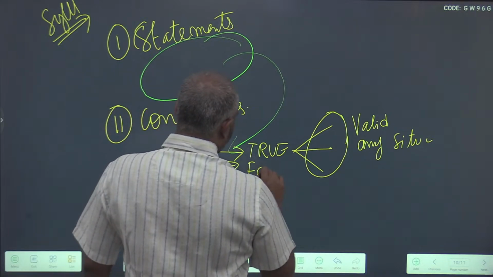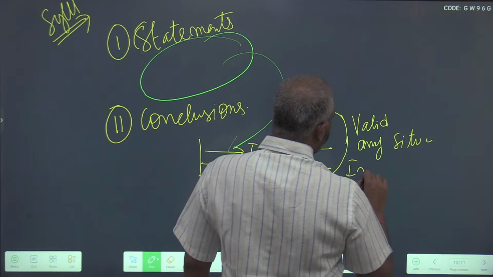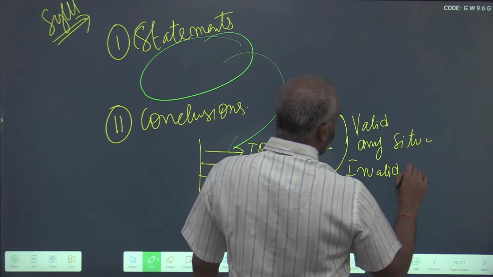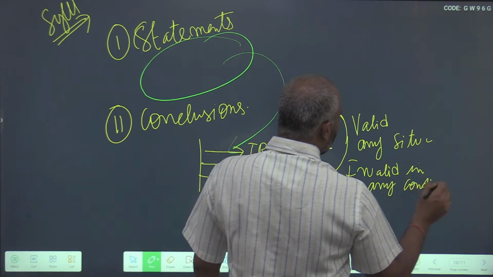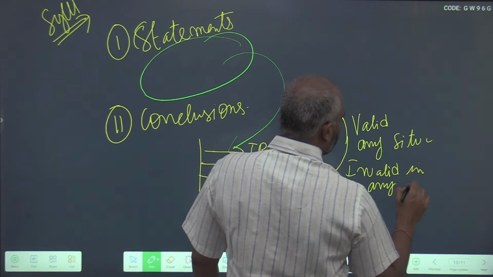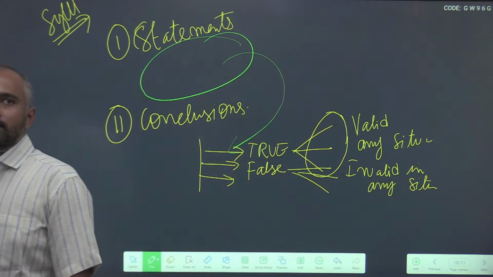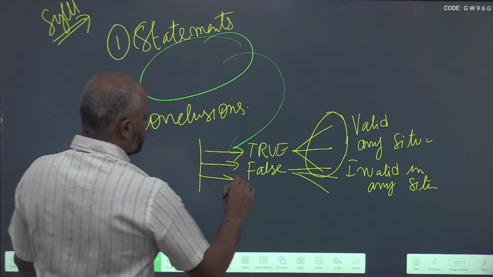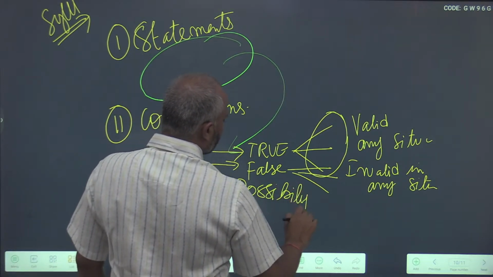Next, another condition is false. False is invalid in any situation possible. Next, the third type of conclusion is possibility.